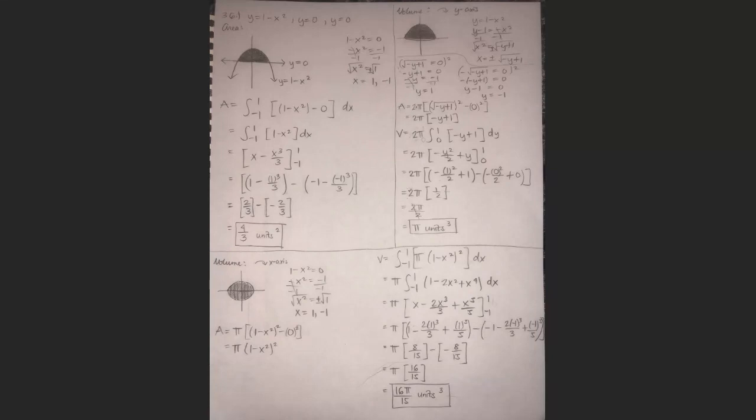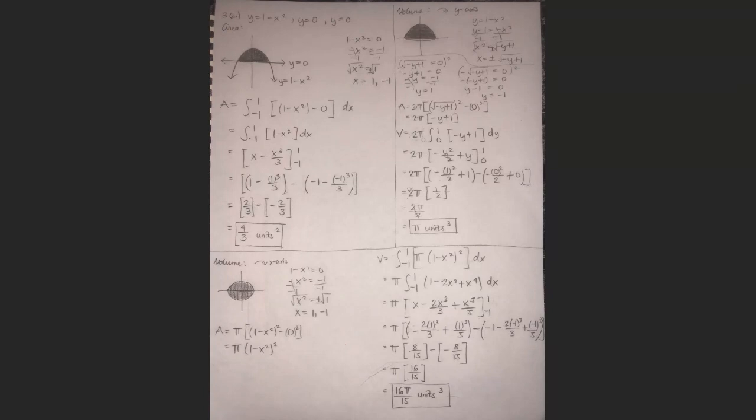And then lastly, for the rotation about the y-axis, first I drew the solid. This time we're integrating horizontally, cutting across the y-axis. So I rewrote the function in terms of y and found x equals plus or minus the square root of -y plus 1.